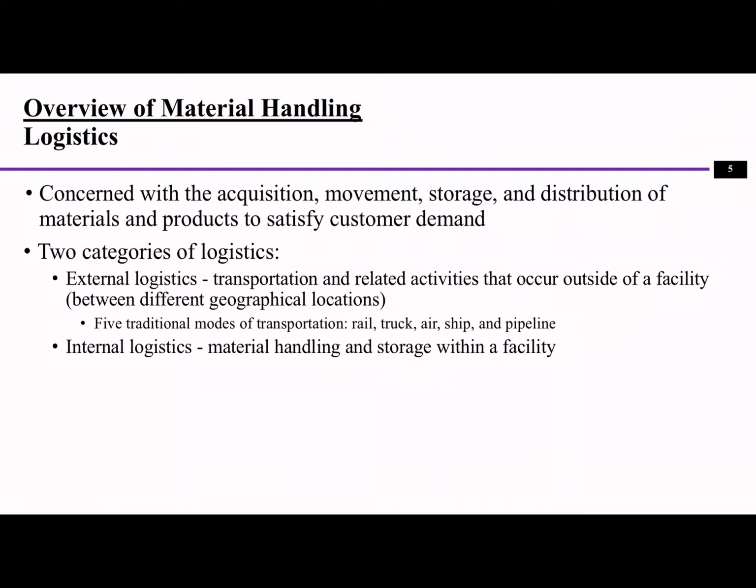And there are multiple ways of transportation, for example by railway, truck, airplane, ships, or a pipeline if it is some kind of liquid. And another category is internal logistics, which is to handle materials within our shop floor, and also store our material within the facility. Mainly in this course, I want to talk about internal logistics.